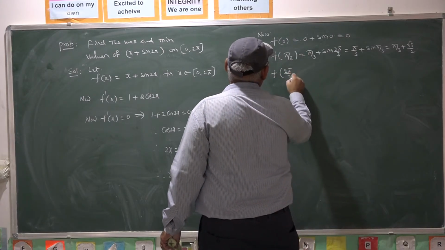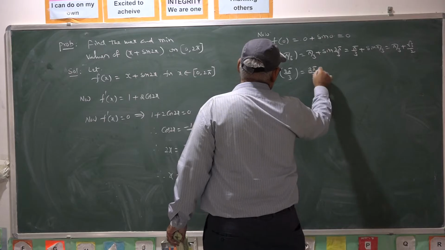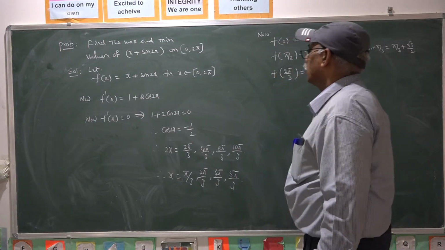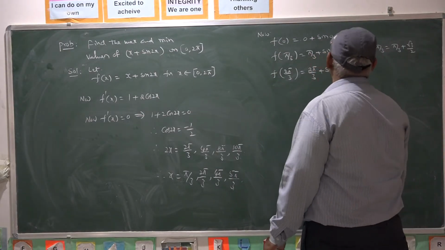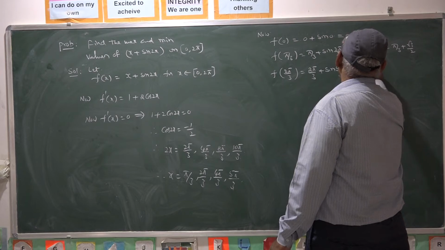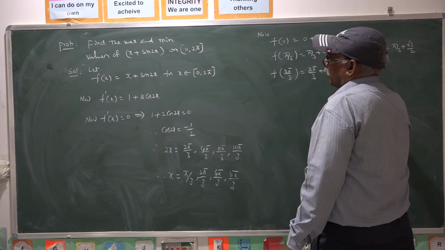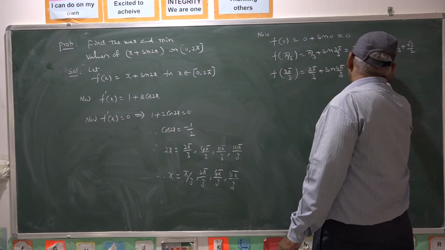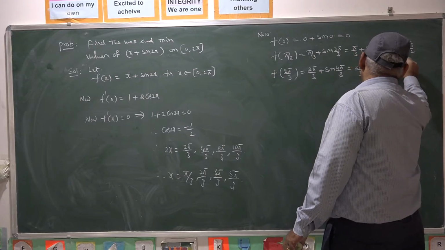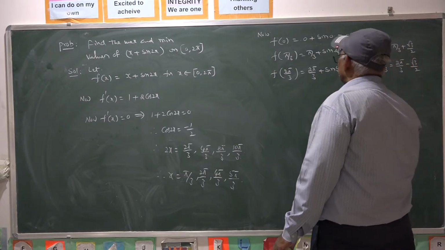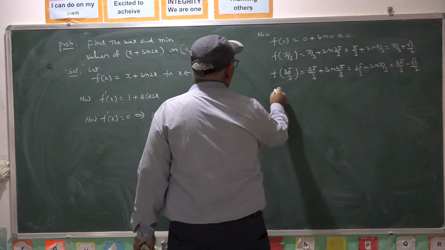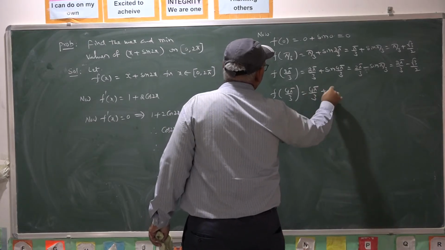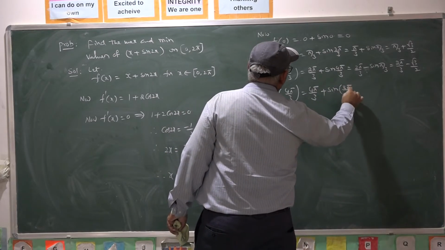F of 2 pi by 3 is 2 pi by 3 plus sine 4 pi by 3. Sine 4 pi by 3 is sine of pi plus pi by 3, which falls in the third quadrant. So we get minus sine pi by 3. That is 2 pi by 3 minus root 3 by 2. F of 4 pi by 3 is 4 pi by 3 plus sine of 8 pi by 3.